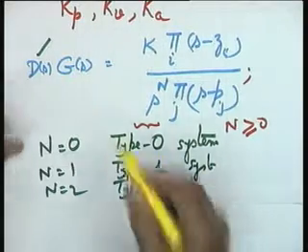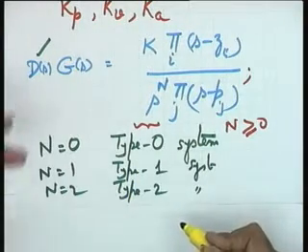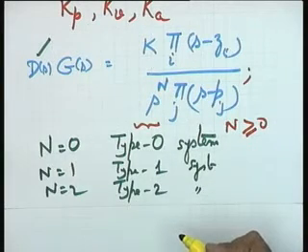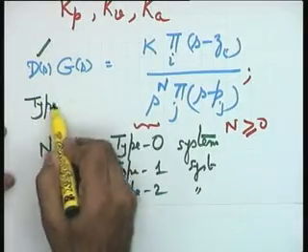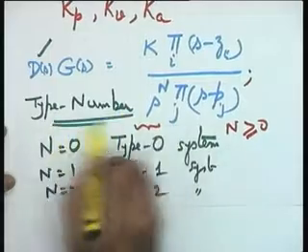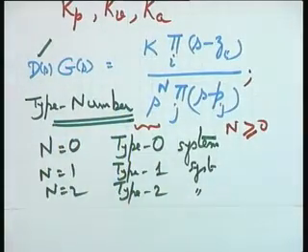Not that the type number stops here, it will be type n in general, but we are stopping here with the observation that normally we do not come across systems which are more than type 2. So, this is known as the type number of the system. The type number is primarily related to the steady state error behavior. Now, let us see how the type number is going to affect it.